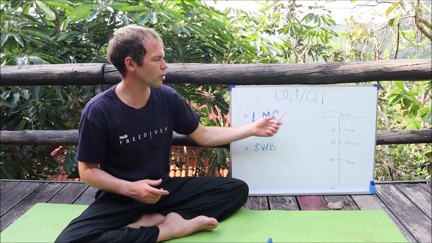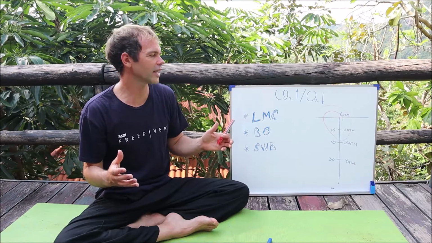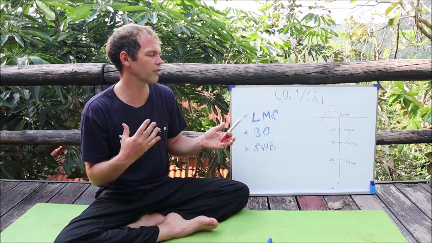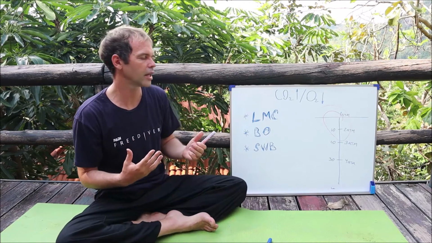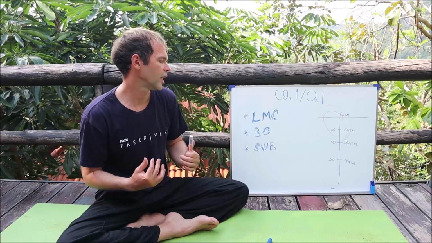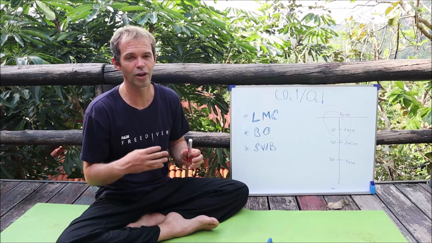Why shallow? Because normally it happens somewhere between 10 and 0 meters, or it can happen maybe at 5 meters, or even on the surface. It's still going to be called shallow water blackout. Again, maybe it's a little bit more accurate to call it blackout on ascent.